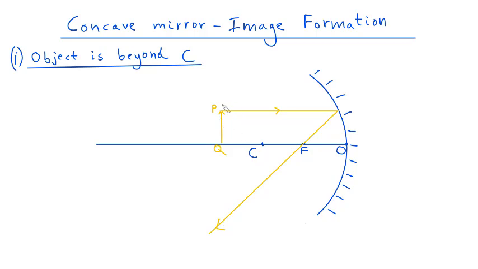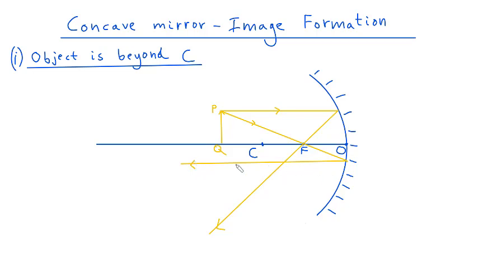Now, recall also that if we were to draw a ray from the tip of the arrow that passes through the focal point, like that, then such a ray, when it reaches the mirror, reflects in a direction parallel to the optical axis, or the principal axis.